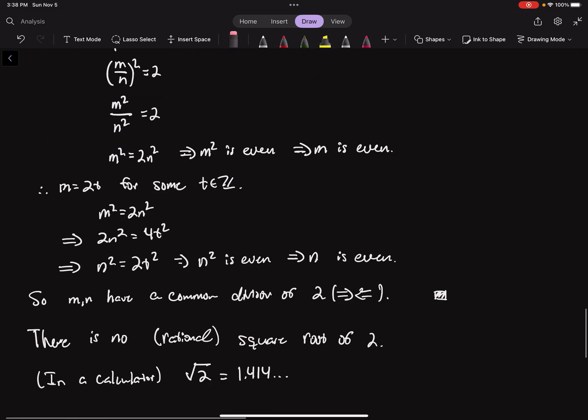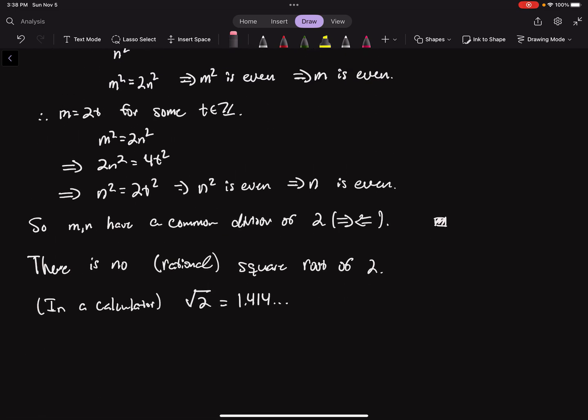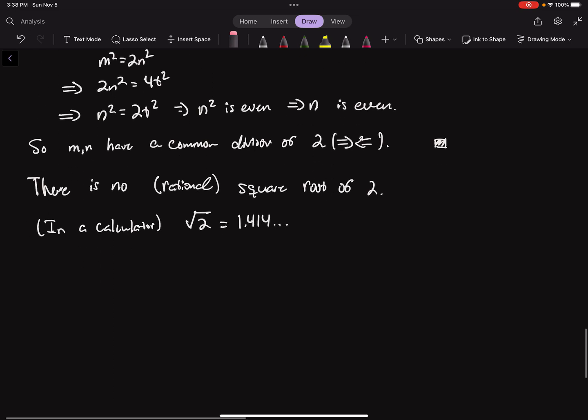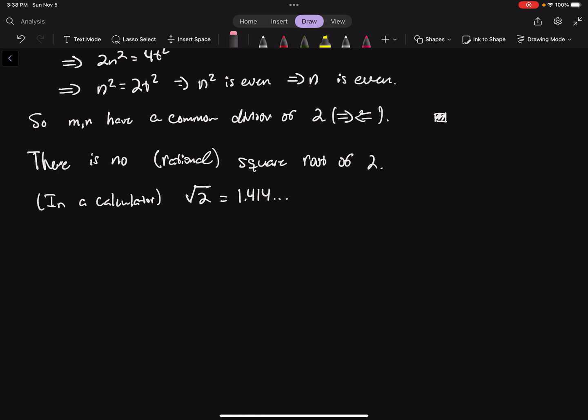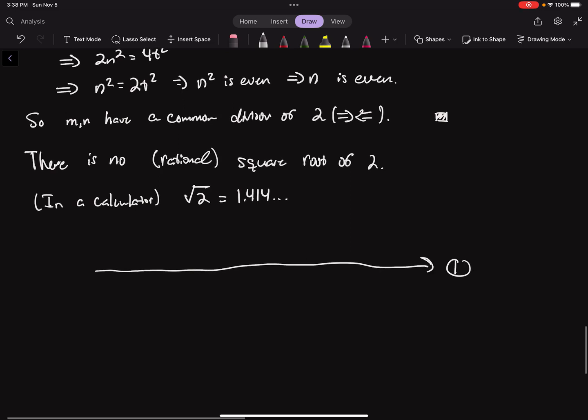And starting next time, we will further understand these flaws and these holes in the rational numbers. But for now, a really crude way to think of this is that we think of Q as a number line where root 2 should be. There's just a hole.